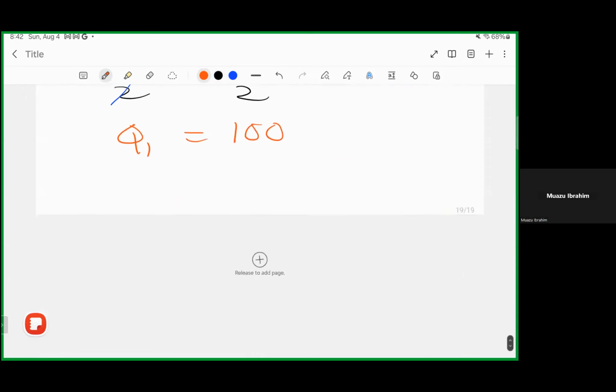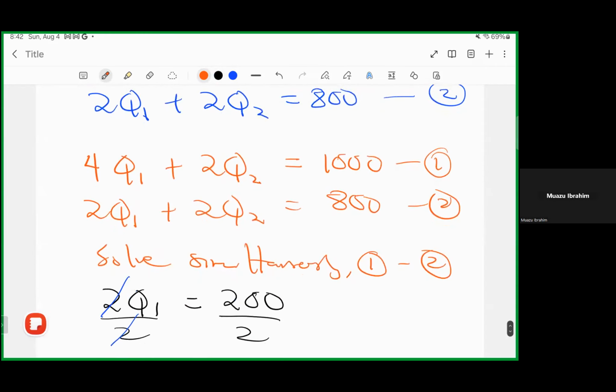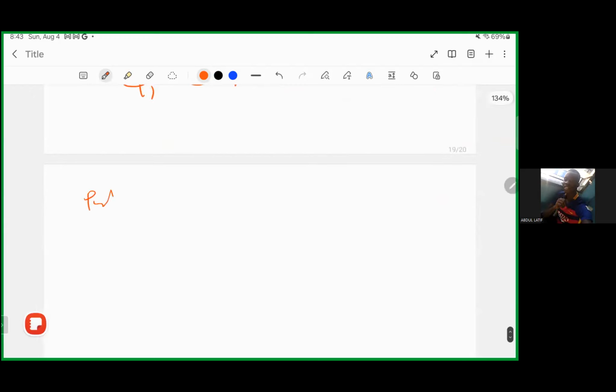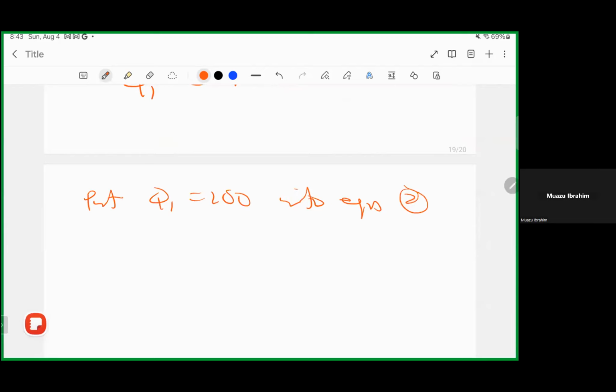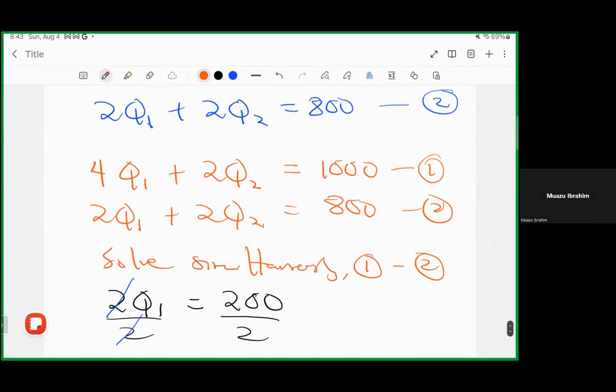So what about Q2? We can put Q1, which is equal to 100, into equation 2. Please, I didn't get how you got the 200. It's here.